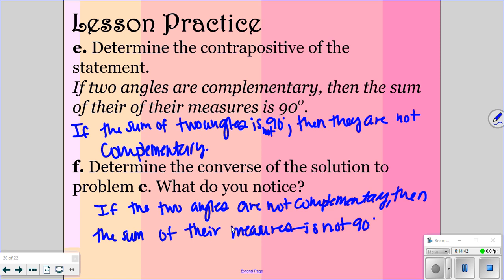So that would be the converse of what we just wrote. And it says, what do we notice? This is the inverse of the original statement. So that's what they're wanting you to pick up on.